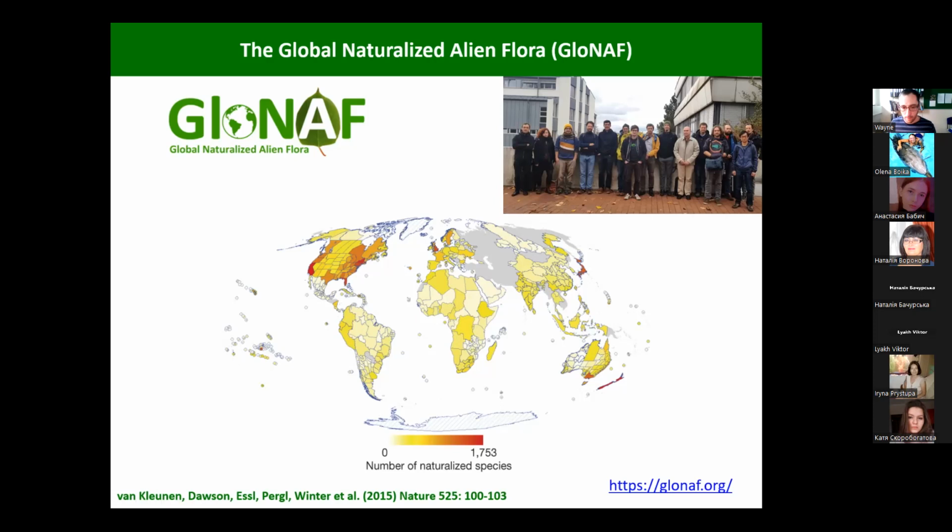Okay, and those are the hotter colors that you can see. And if you want to know more, feel free to check out our website, www.glonaf.org, to find out more about our publications and some of the key research findings that we've come up with over the years.